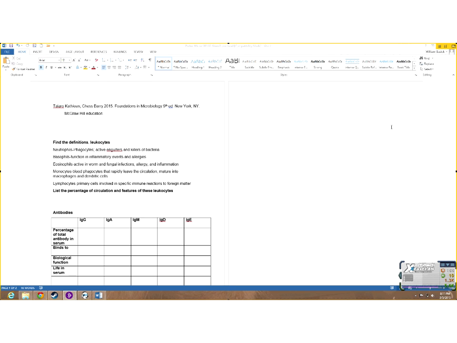Trying to find where they have the split chart of how everything is made. Hold on. On page 434, figure 14.7, I would take a look at that.